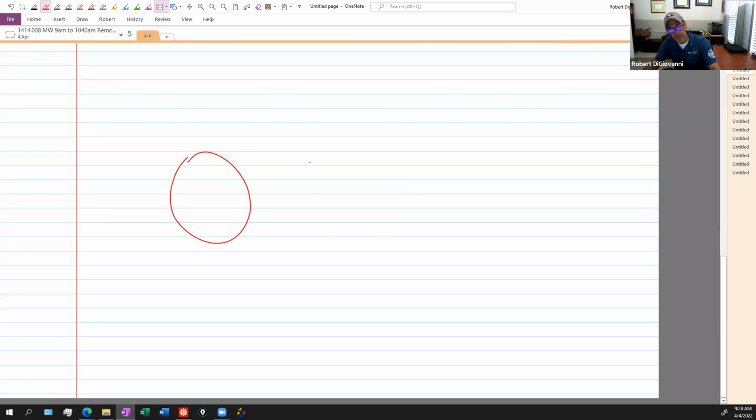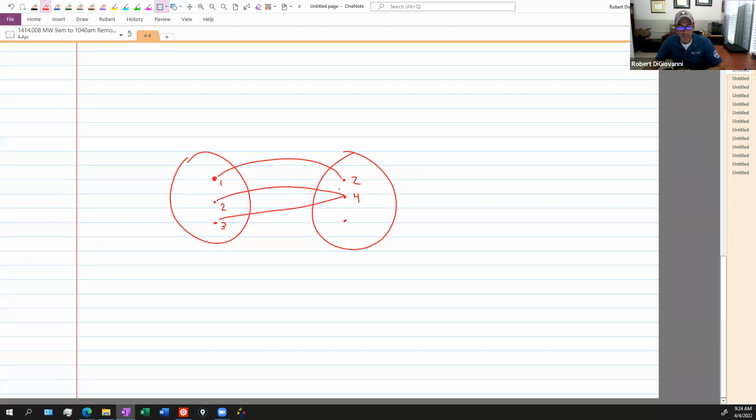When we were learning what a function was, I said if you had a number like, let's say 1, 2, and 3, that let's say 1 went over here to 2, let's say 2 went over here to 4, and let's say 3 went to 4. This would still be a function, right?